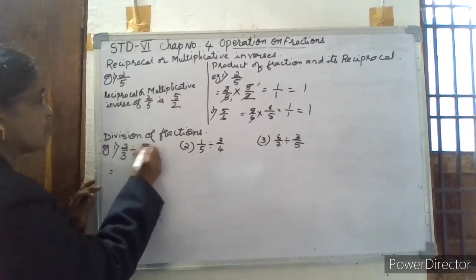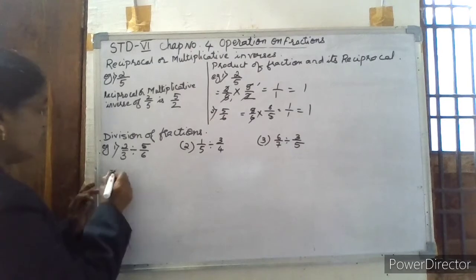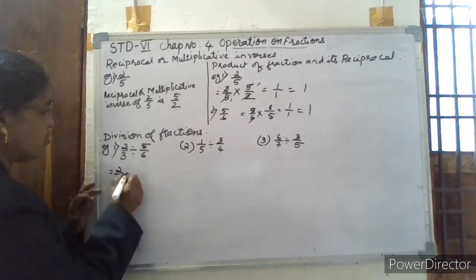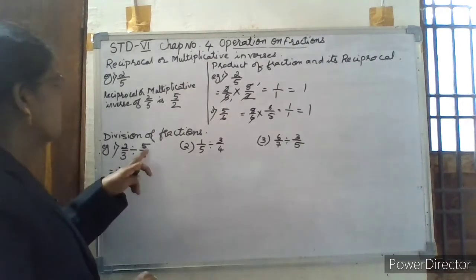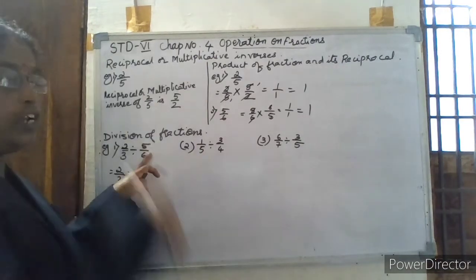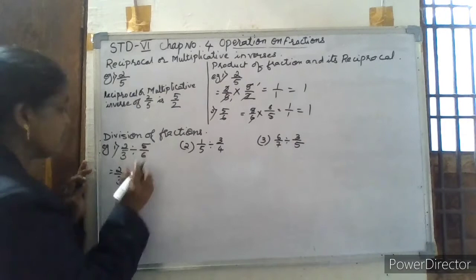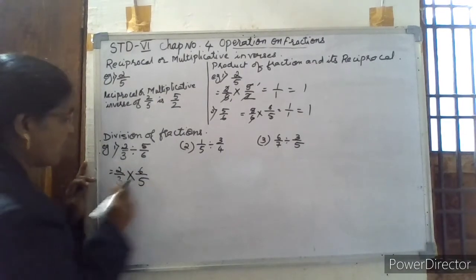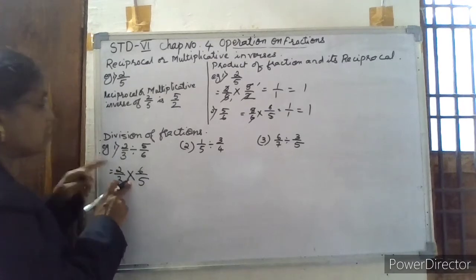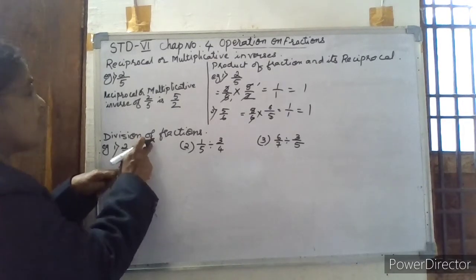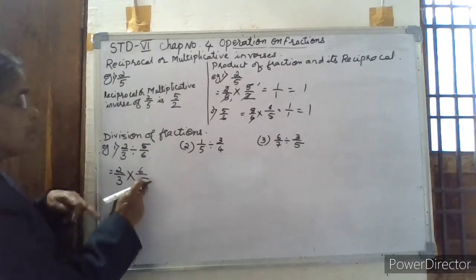Division converts into multiplication, and for the second fraction you have to take the reciprocal. That is 5 by 6, so it is 6 by 5. When I write the multiplication sign, the second fraction's reciprocal must be written. The same fraction you cannot write with the multiplication sign.